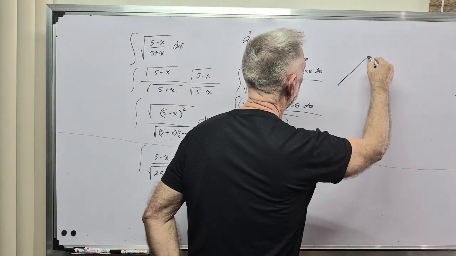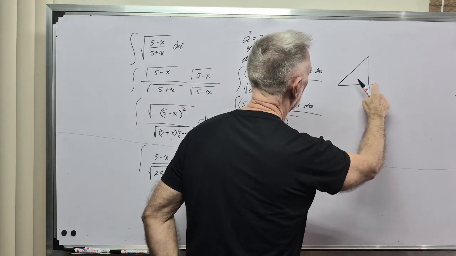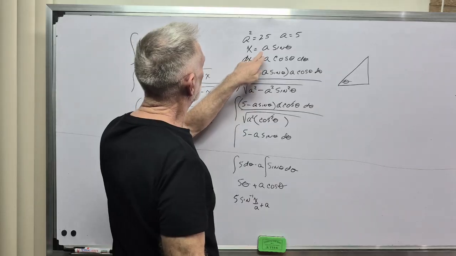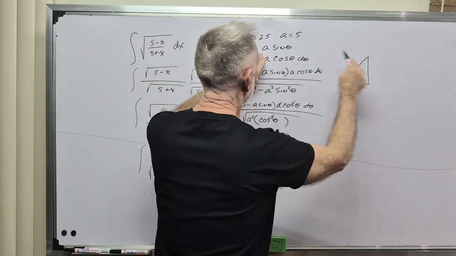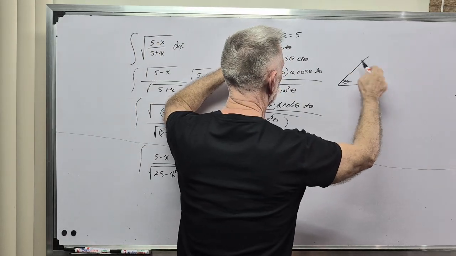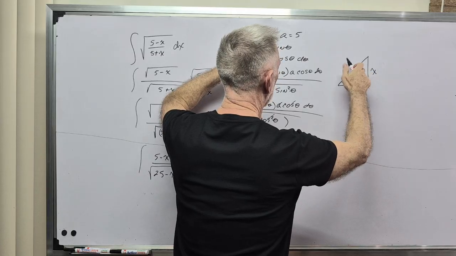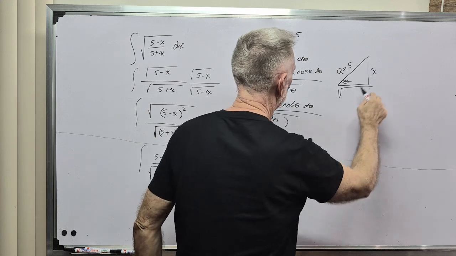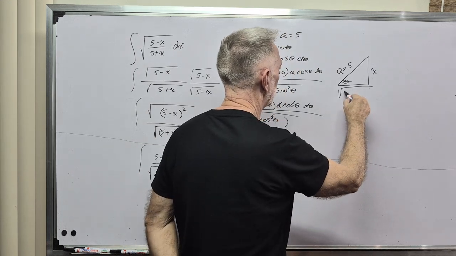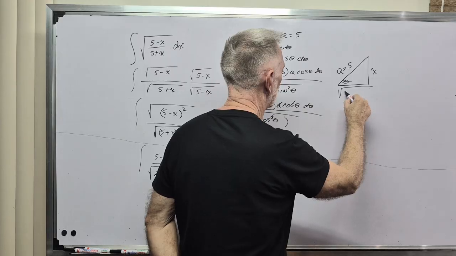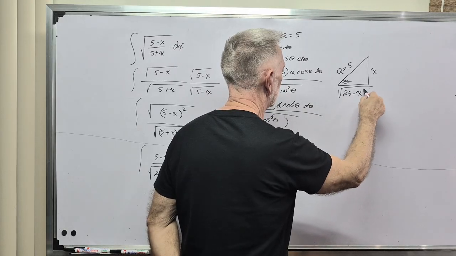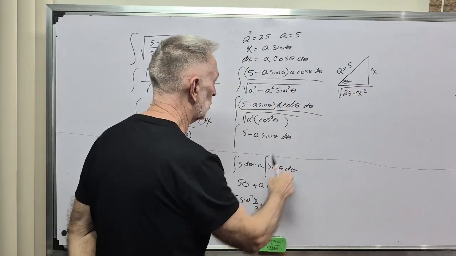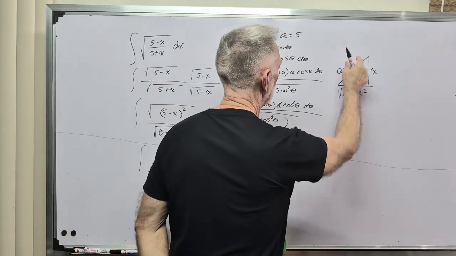Now we need to draw our triangle. There's theta, and x over a is sine theta, so that's opposite over hypotenuse, with a equals 5. This side would be the square root of 5 squared, which is 25, minus x squared.